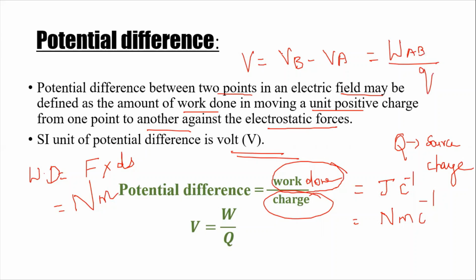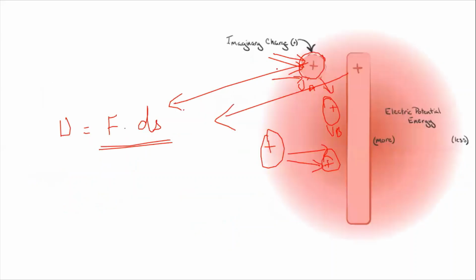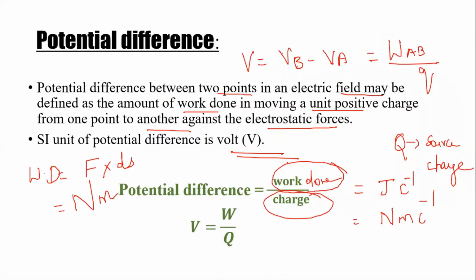Potential at B, and VA is the potential at A. This is taken when the potential at B is greater than the potential at A. So see here, this is point B, when the potential at this point is VB, here it is VA. So potential difference means VB minus VA, divided by, that is equal to work done by the charge.